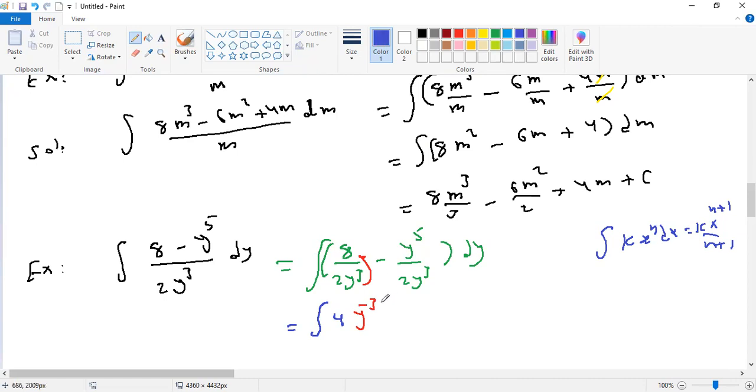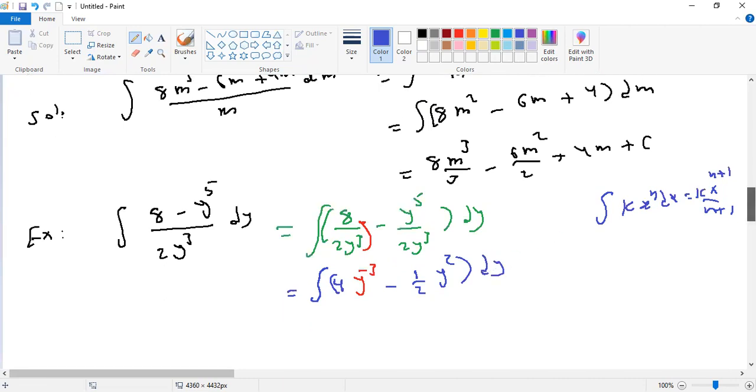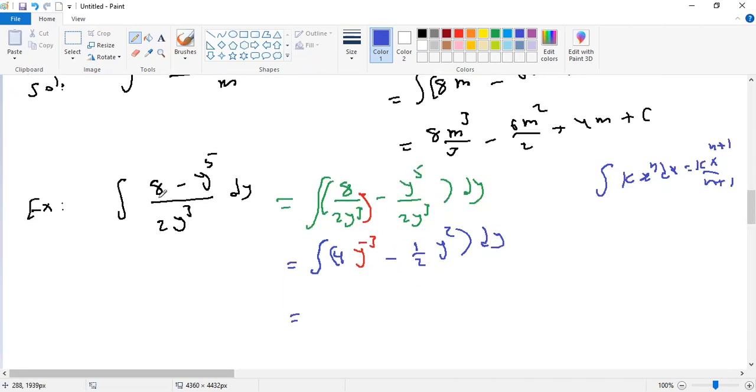Then minus 1 over 2, this is the k, and y to the 5 over y cubed will be y squared. Then dy equal to. Can this be divided? Yes, because this is one term only, not two terms.